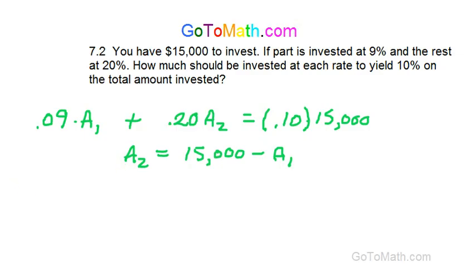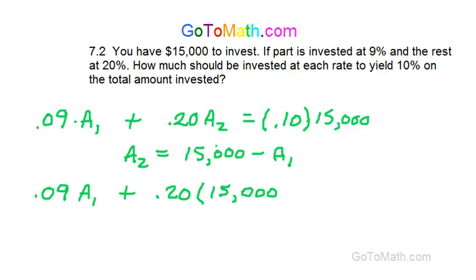You see that? So we have 0.09 A1 plus 0.20.